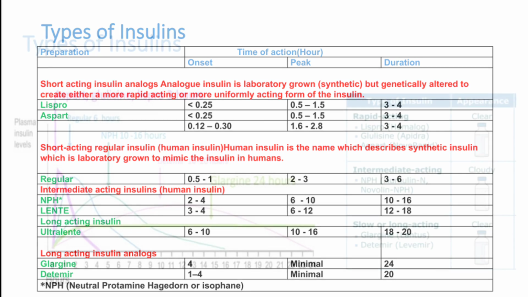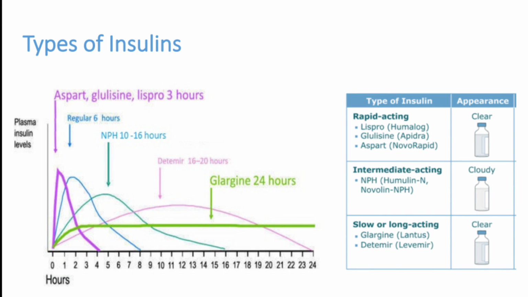Now we can see the actions of these insulins from this chart. Peak and duration are all explained in this chart. One more important clinical clue from this chart: if it is a rapid-acting insulin, it will be a clear solution. If it is an intermediate-acting insulin like NPH or a mix of NPH, it will be a cloudy, milky solution.